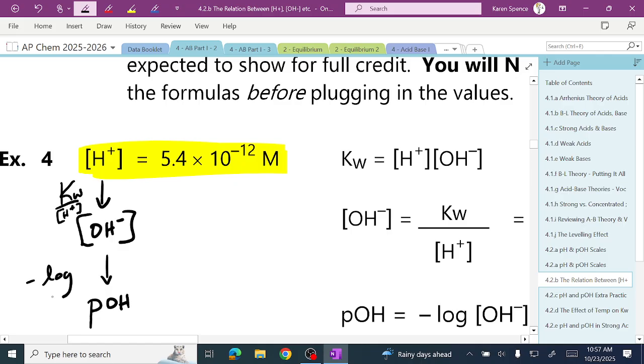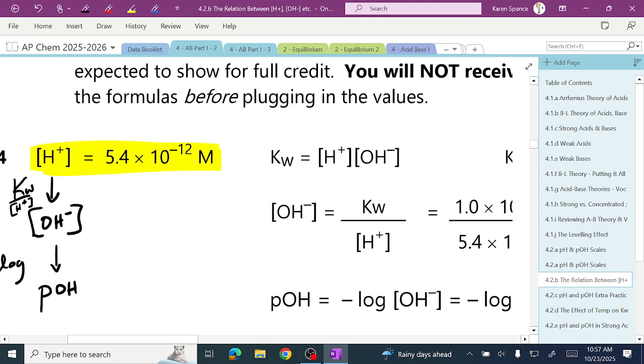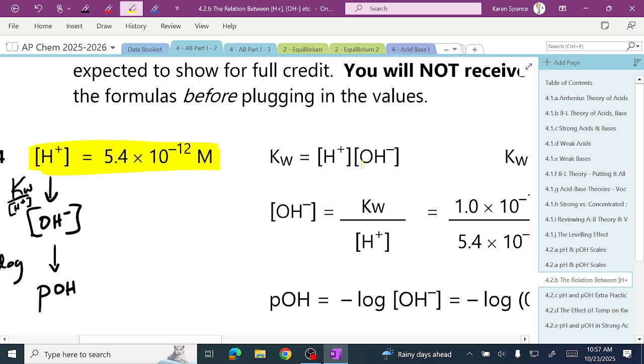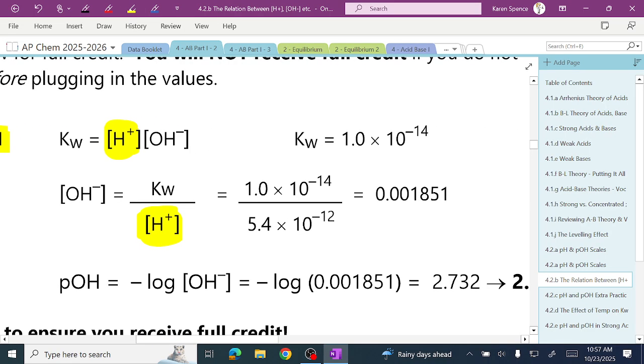So you would say, okay, I've got my hydrogen ion here, I know what that is, so I'm going to plug it in here, and I know my KW, and I get that number. This is my concentration of OH minus.